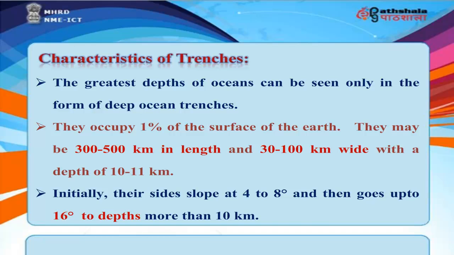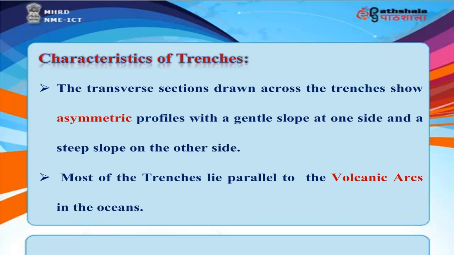Initially, their sides slope at 4 to 8 degrees and then go up to 16 degrees at depths more than 10 kilometers. The transverse sections drawn across the trenches show asymmetric profiles with a gentle slope on one side and a steep slope on the other side. Most of the trenches lie parallel to the volcanic arcs in the oceans.